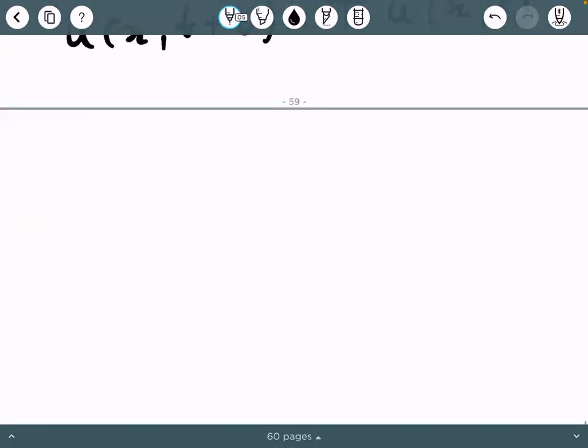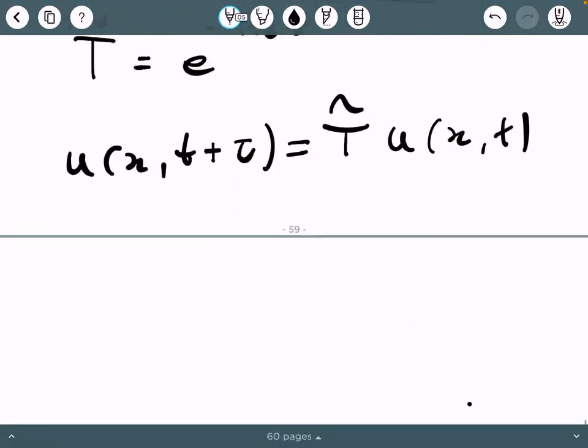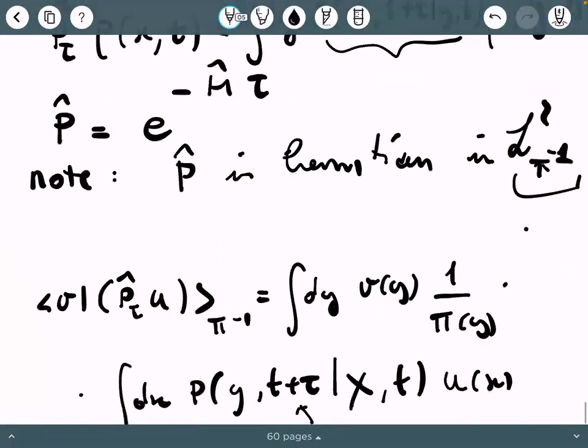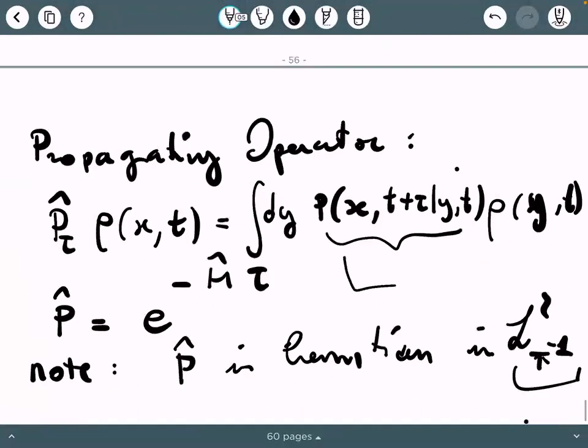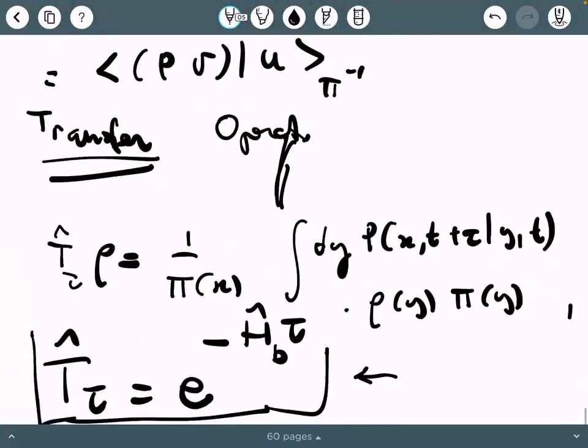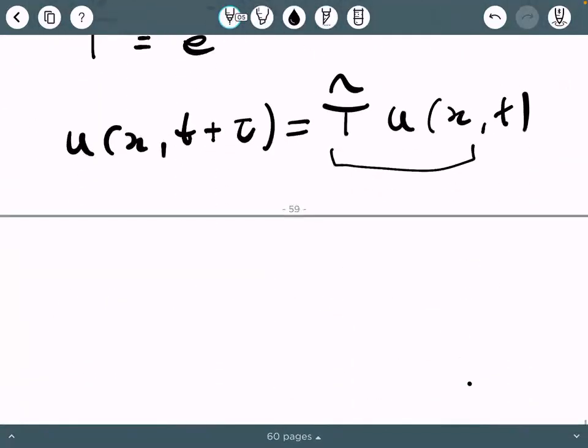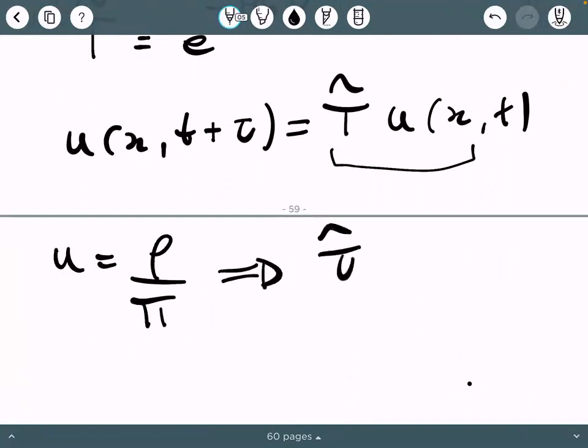But then, if you write this in terms of the Chapman-Kolmogorov equation, with a p, and you remember the relationship between u and rho, then you conclude that T tilde is actually the transfer operator.